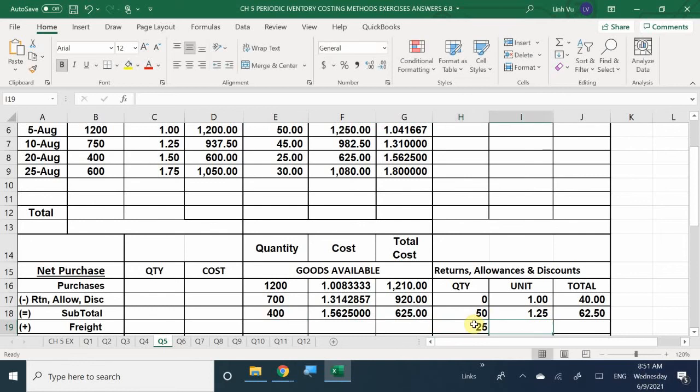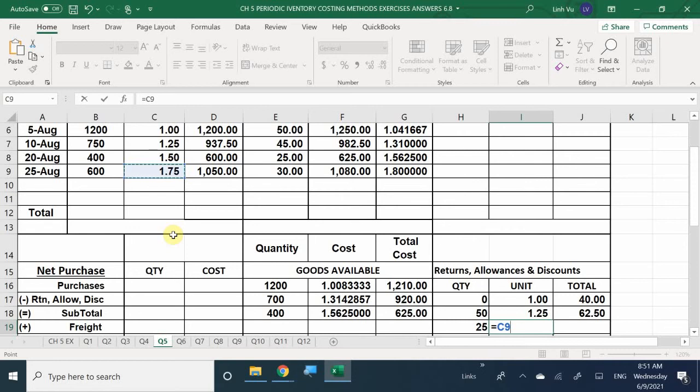At what cost did I originally purchase these items? $1.75. Yes, because our assumption is that every time we receive our inventory, we need to open up every single box and check each item.